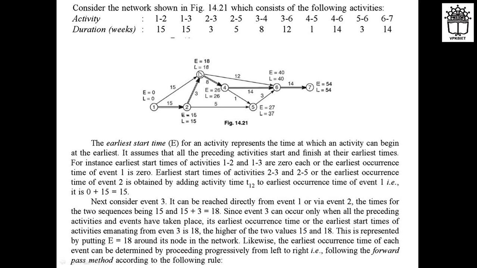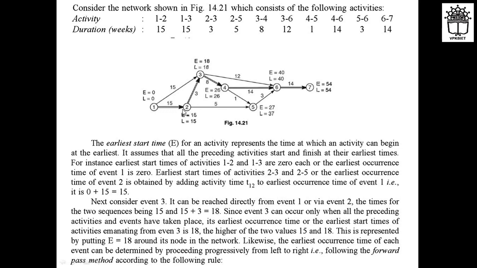Yes, sir. Okay, now on node 3 you need to find out the earliest start time, that is E. Activity 3 can be reached either directly from 1 to 3, or via 1 to 2 to 3. For the direct path, 0 plus 15 it will be 15.